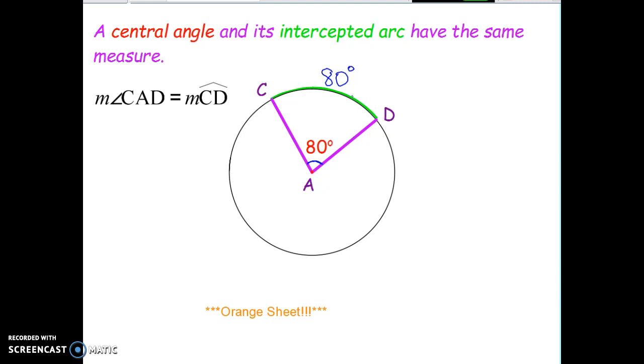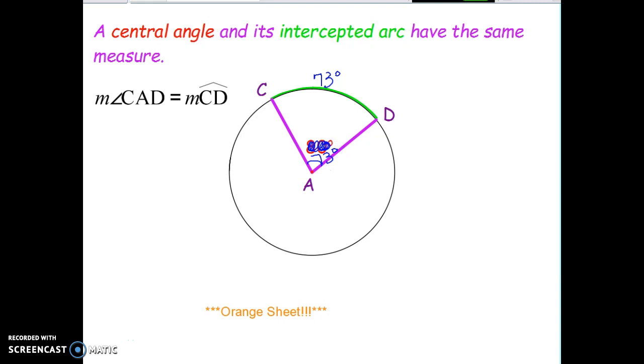If we know that the angle down here is 57 degrees, we know that the arc up here is also 57 degrees. And this is vice versa. So if we know that the arc out here is 73 degrees, then we can also say that the angle down here is 73 degrees.